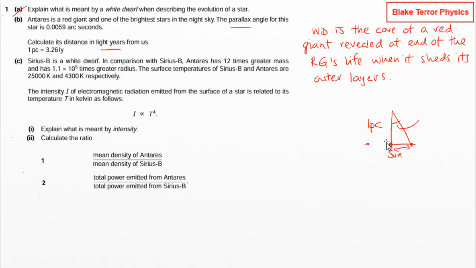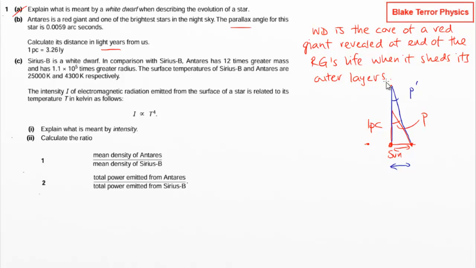We've got our angle there, let's call that P. If you've got a star which is much further away, we've now got a different triangle, but the base of the triangle, this 1 astronomical unit, has stayed exactly the same. So we've got another angle there, let's call that P prime.